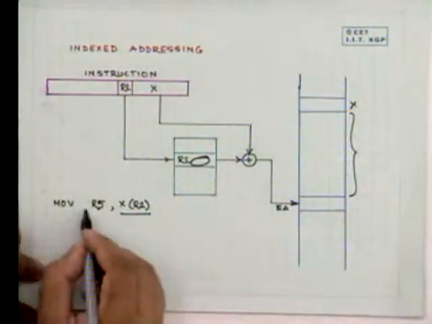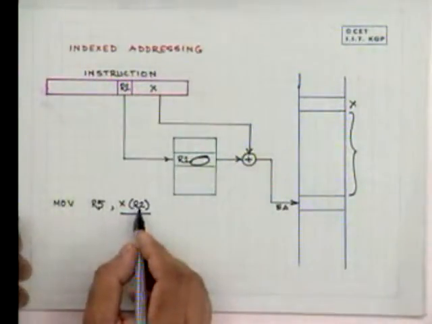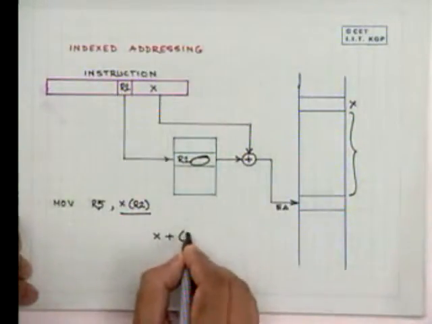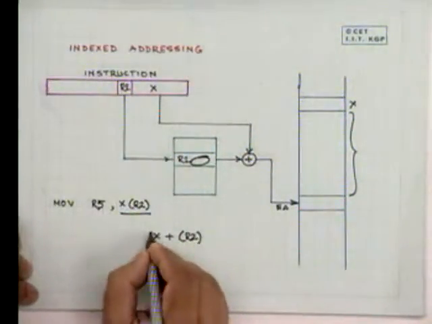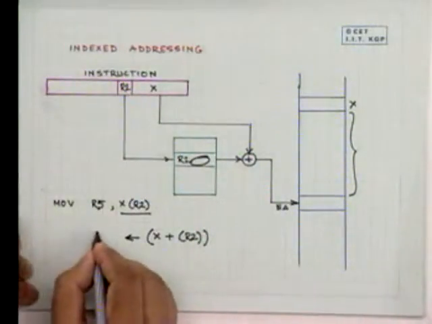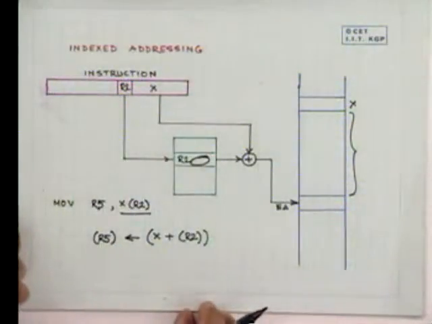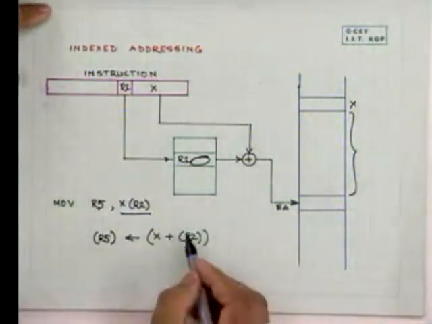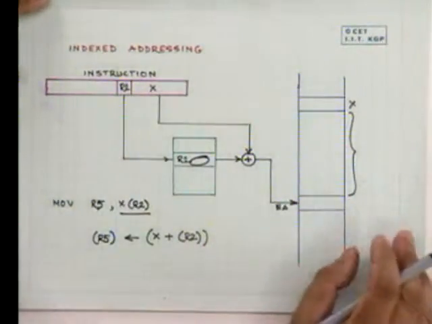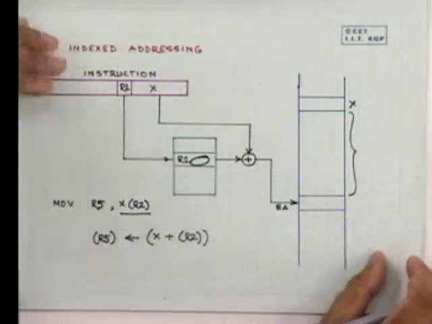For example, the effect of this instruction will be to take X, add the content of R2, get the effective address, take its content and send this as a content of R5, which is the destination over here.